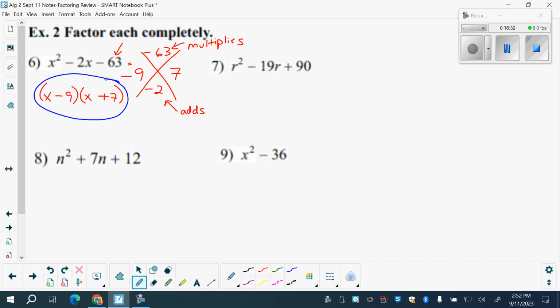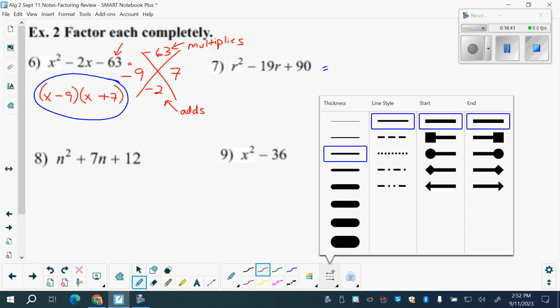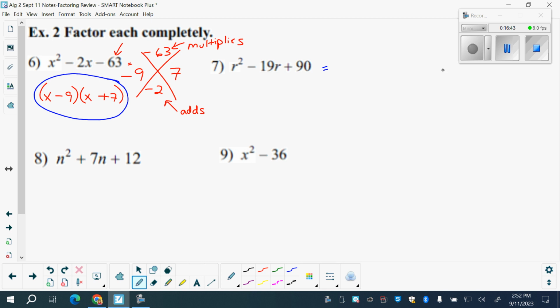So now on this next one, is there a greatest common factor we can take out? No greatest common factor, is there? No letter or number. So we're going to use our x again. What number goes on the top? What goes on the bottom? 90, the last number, and negative 19 goes down here.